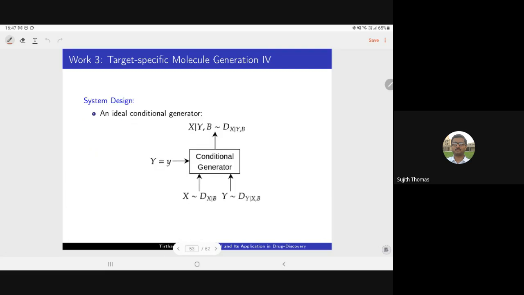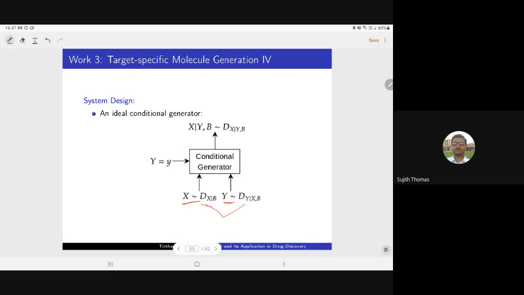Now, our system design, an ideal case, is this. If you recall, we had decomposed our intended distribution into two parts. One is D(x given B), another is D(y given x comma B). So x will be sampled from D(x given B), and y is a class label which will be sampled from D(y given x comma B).